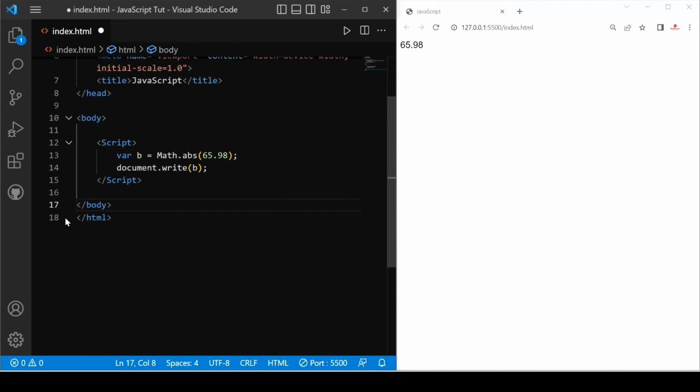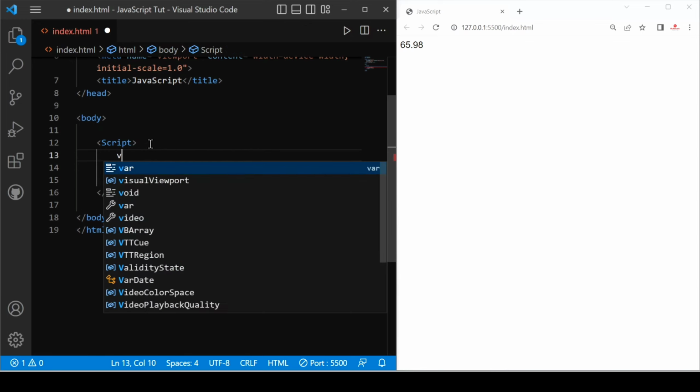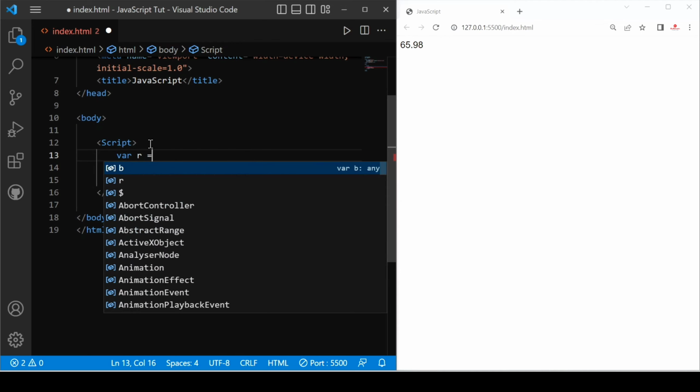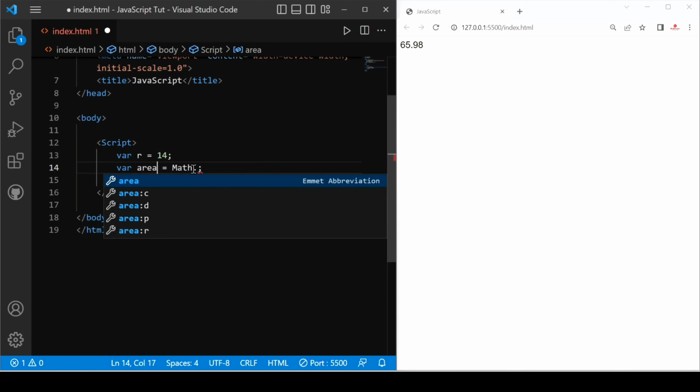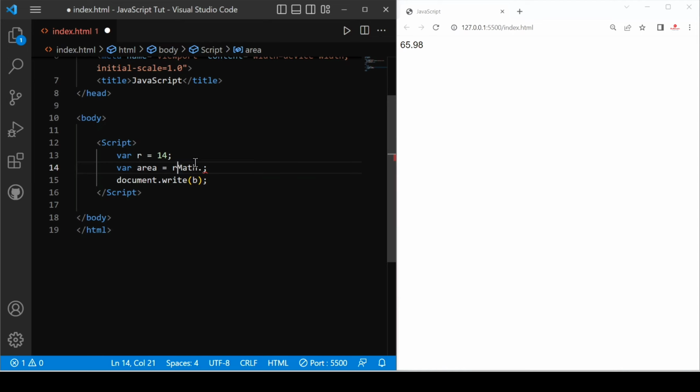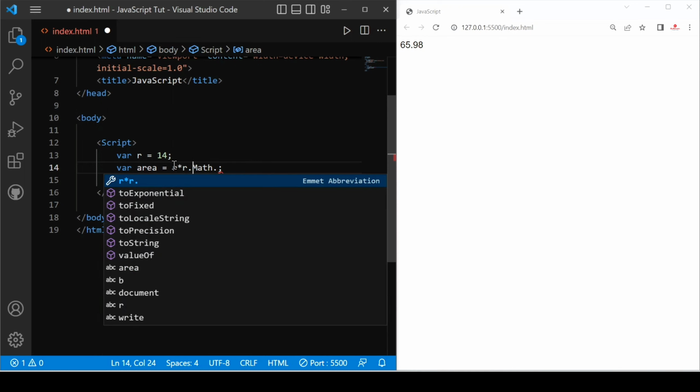Okay, now after that we have the pi function. It gives us pi. If you want to calculate the area of a circle, then you can provide this value. For example, we have radius r, where r equals 14, and then we have to calculate the area, so we use r into r, or you can provide the math function here also.